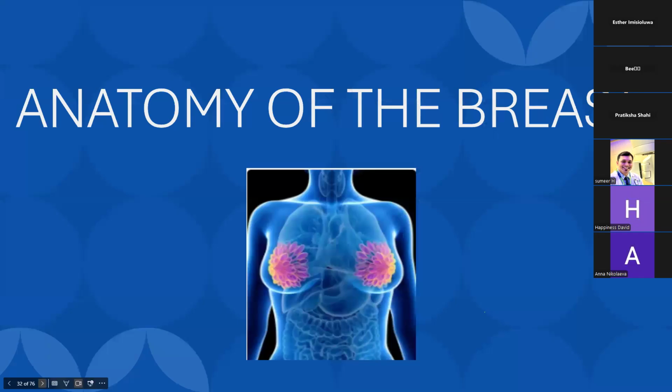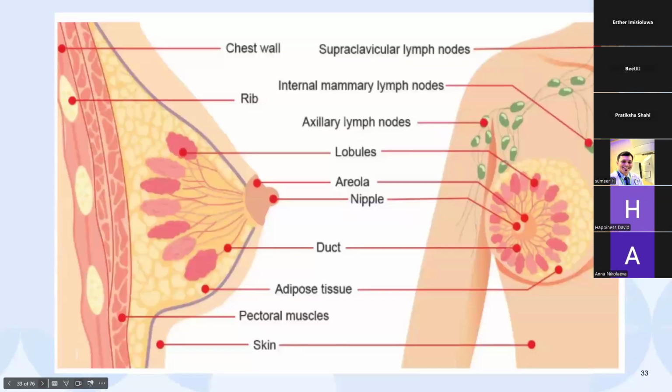Okay, let's talk about the anatomy of the breast. The breast is a glandular structure formed mainly of adipose tissue, or fat, and we have lobes and lobules, and the duct system that converges into main ducts and then opens in the nipple, and the nipple is surrounded by the areola.